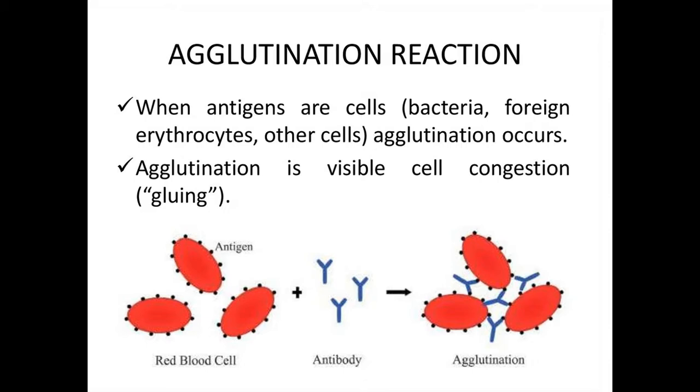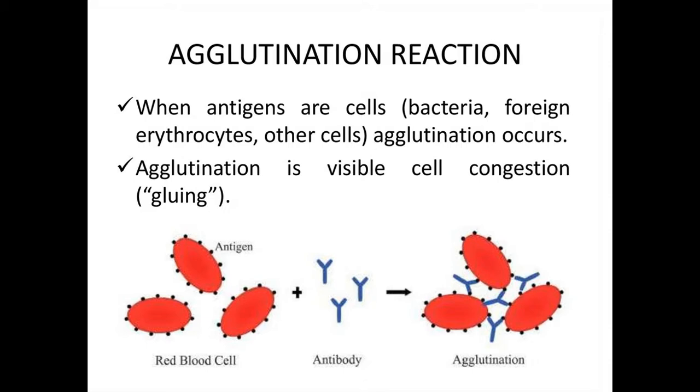Advantages: agglutination is more sensitive than the precipitation test, and the clumps are better visualized and interpreted than bands or flocculus, and hence agglutination tests are widely used even in today's modern era of diagnosis.